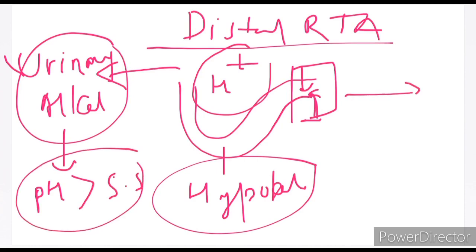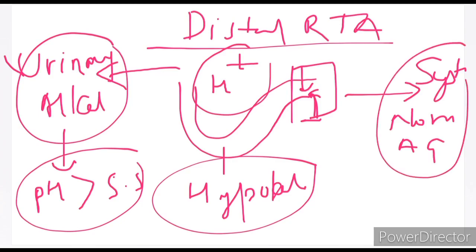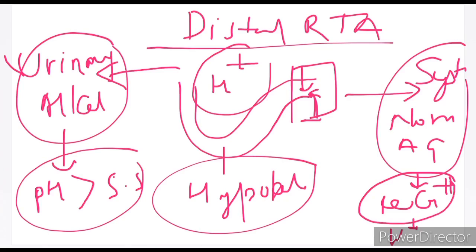Similarly, we have systemic acidosis with normal anion gap. This stimulates resorption of calcium from tubules, and this decreased resorption of calcium from the tubule causes hypercalciuria.